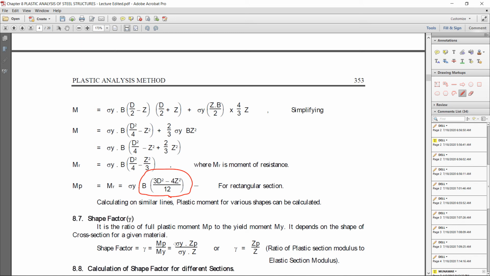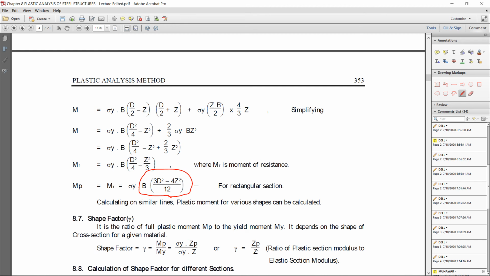The shape factor is equal to Mp over My, and Mp over My is equal to sigma y Zp over sigma y Z. Sigma y will cancel out. Now we can say that shape factor is equal to Zp over Z, and section modulus is entirely dependent on dimensions. So it varies for each section: for rectangular section, for circular section, for I section.